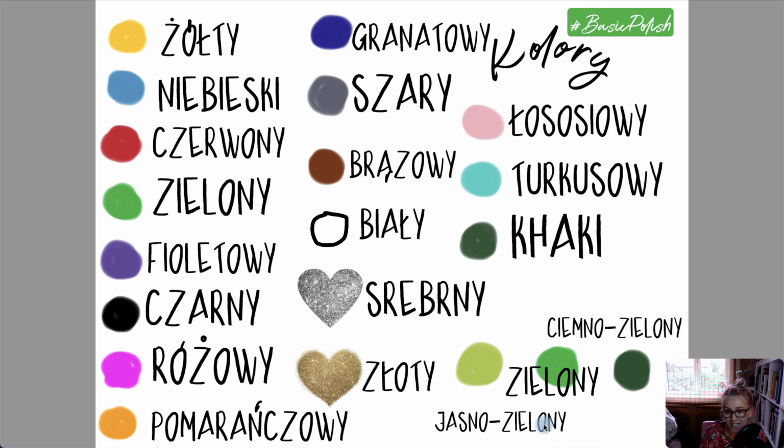Czerwono-zielony. Okay? So your first color in double colors has the ending o. The second color describes the actual noun. The first one is not genderized. The second one tells you about the gender.